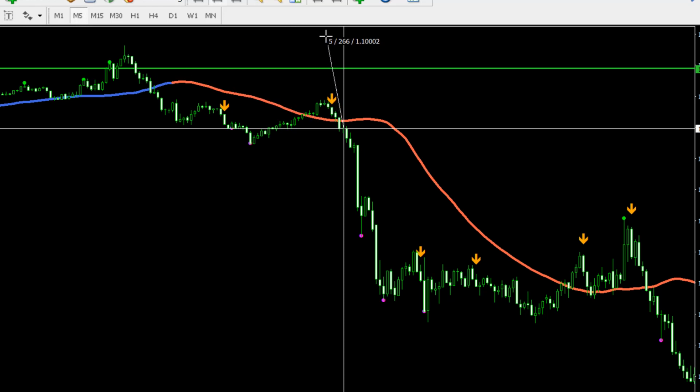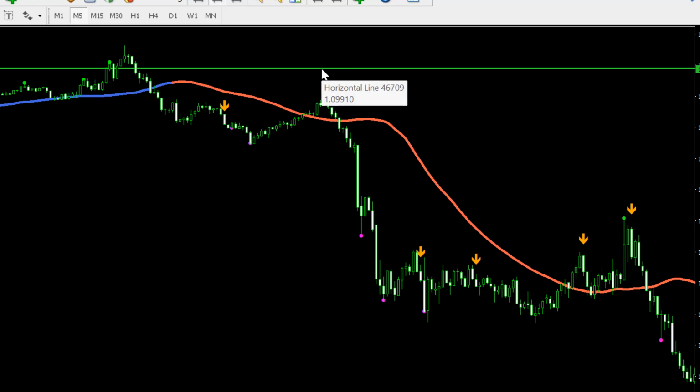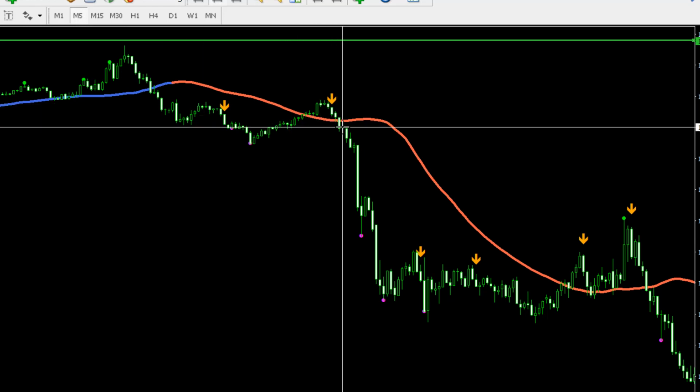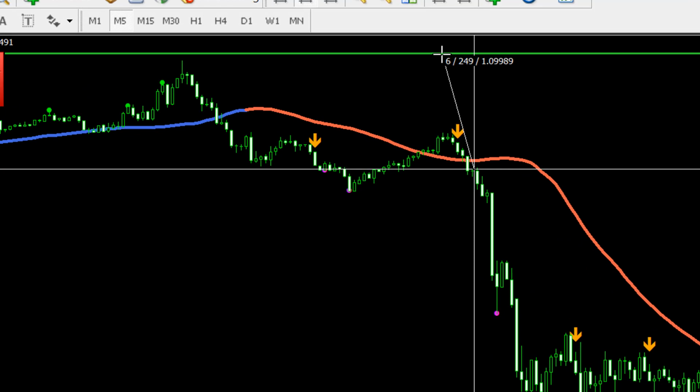So you will have 26.6 pips if you put the stop loss above the latest swing high. So this is 24.9 pips, and your reward would be 31.9 pips.